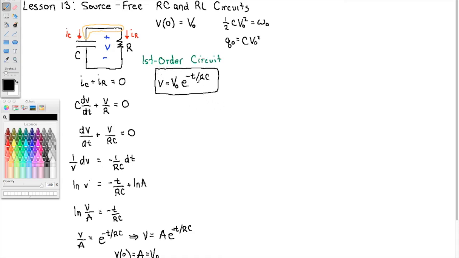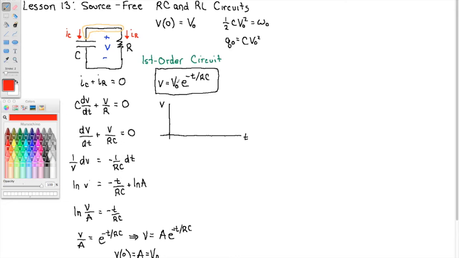Well, there's a lot that we can say actually about this. Let's start by looking at a plot of this guy. So here's the time axis, here's the voltage across the capacitor, which is also the voltage across the resistor, by the way, because there are only 2 nodes there.